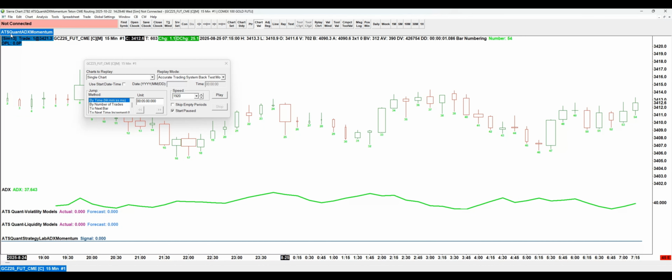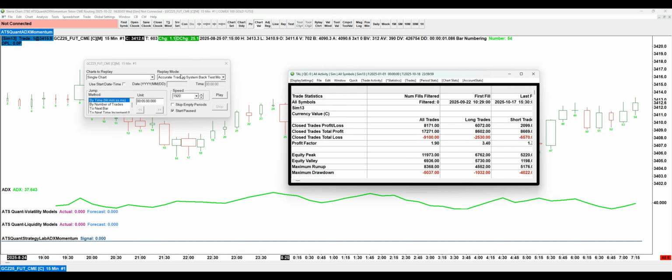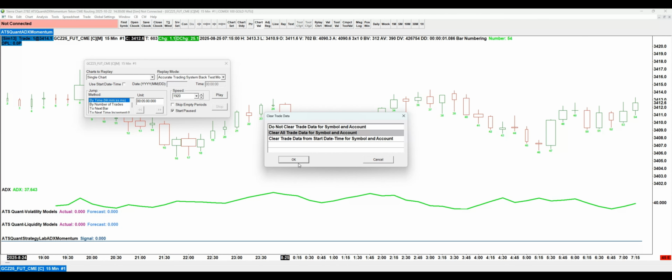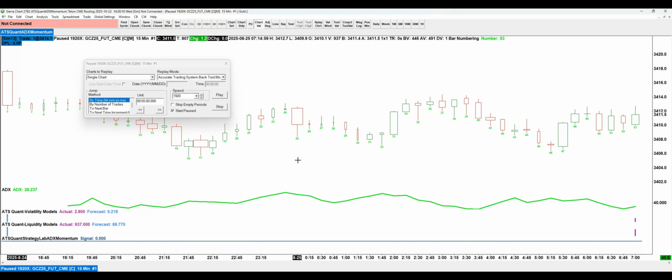And now we're trading in Sim 13. We want to make sure we don't overwrite the results from our last test, so that we can do our apples to apples comparison. Now we're going to start our back test to clear out those prior results from Sim 13.